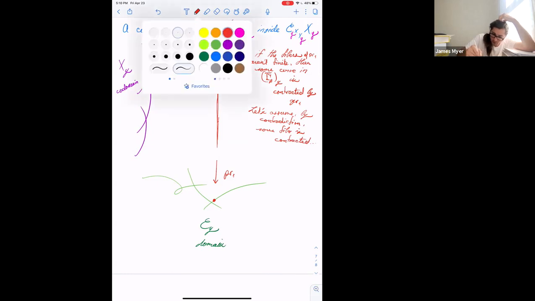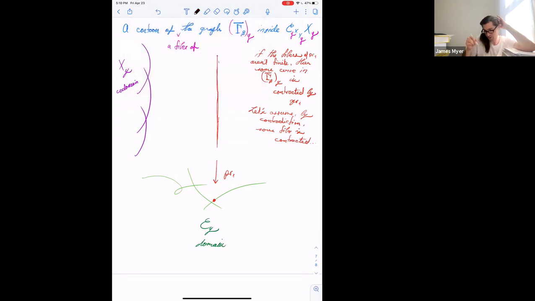And then, yeah, if some fiber is contracted, that doesn't really cause an issue as of now. You're allowed to contract a fiber, and it doesn't cause any contradiction about the stability of this curve C.